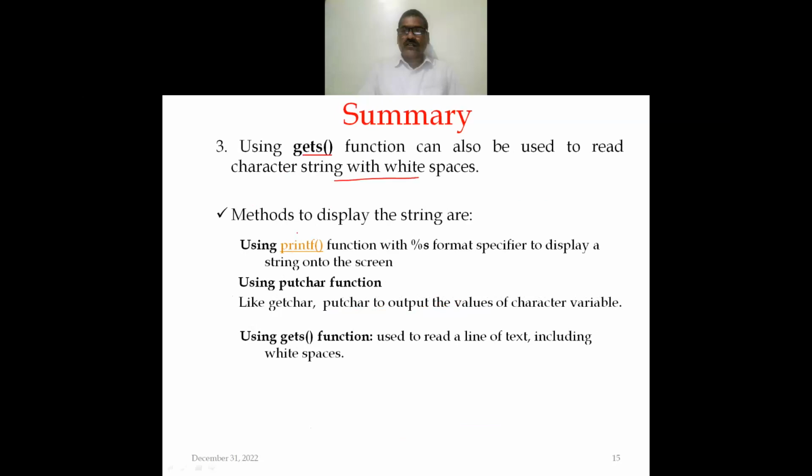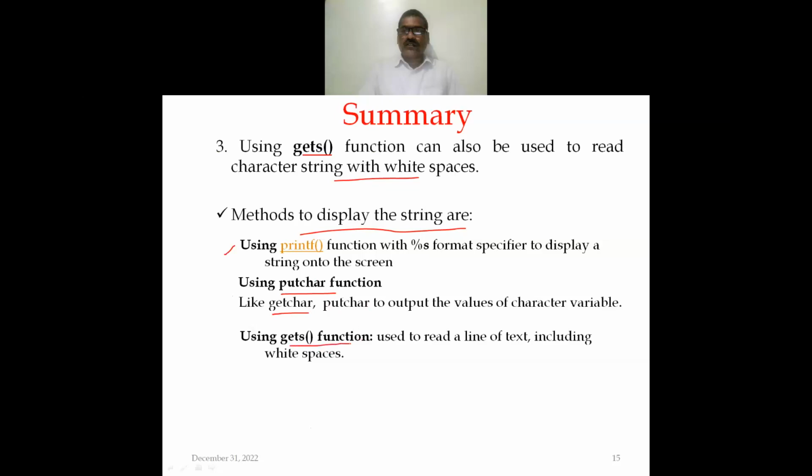Then coming to the different methods of displaying strings. The first method we discussed is printf with the %s format string specifier, which can be used for printing strings onto the screen. Then the putchar function, which is used for displaying individual characters. If you keep the putchar function in a loop, we can display the entire string onto the screen.